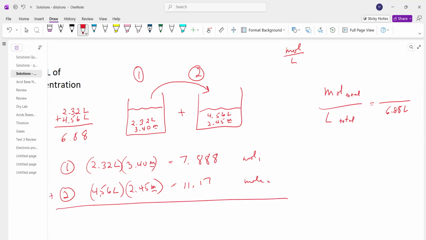We're gonna add these up. Okay, we've got 1906 total moles.